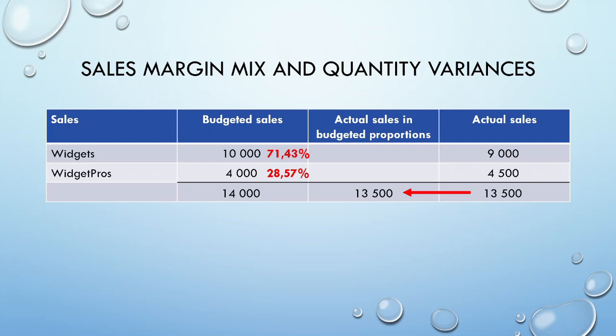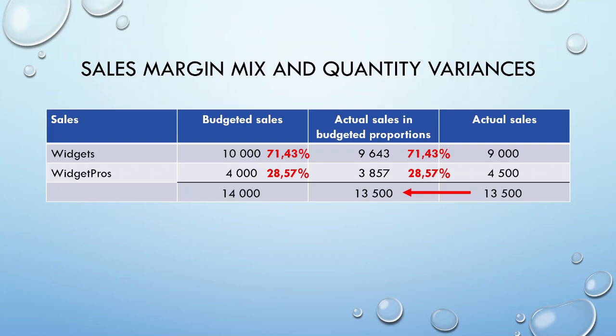So our middle column needs to reflect the same ratio: 71.43% for widgets and 28.57% for widget pros. 71.43% of 13,500 is 9,643 units, while 28.57% is 3,857 units. You will notice that I have rounded these off to the nearest whole unit. Remember to always follow the rounding instructions per your scenario.